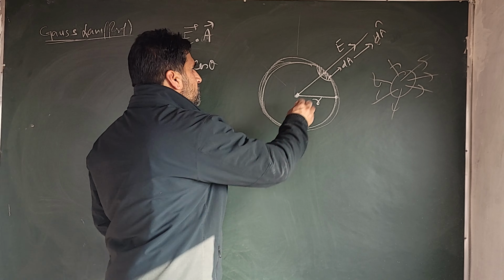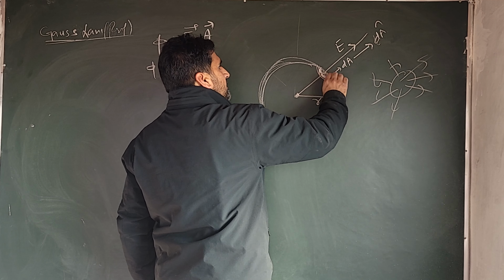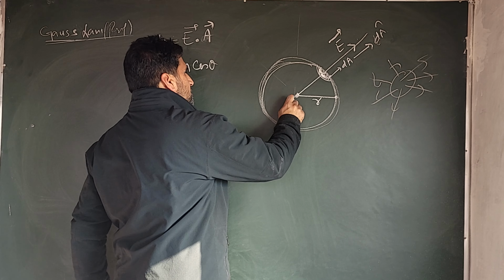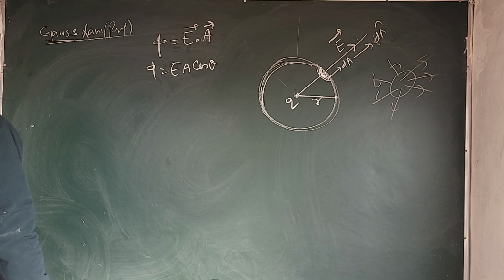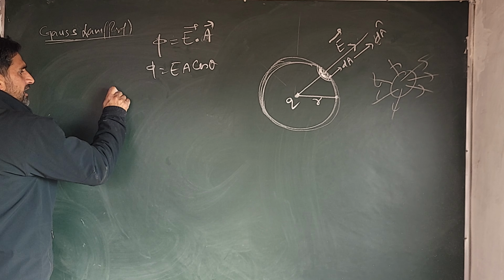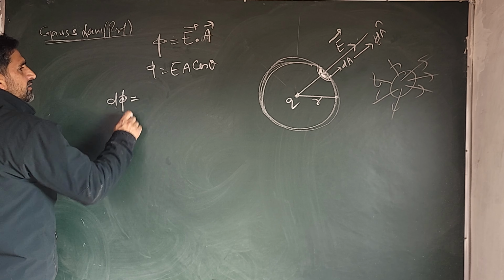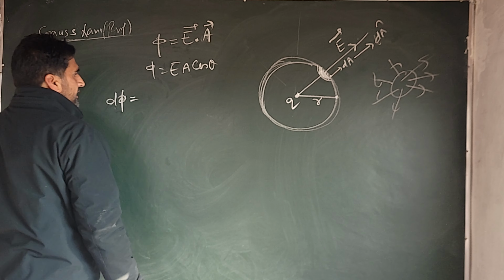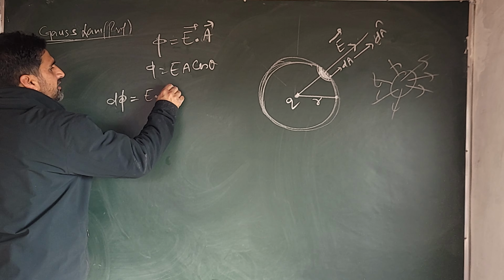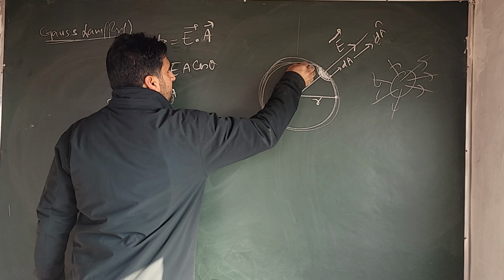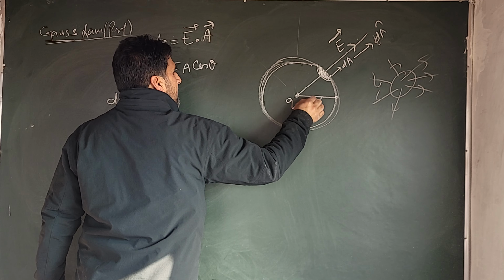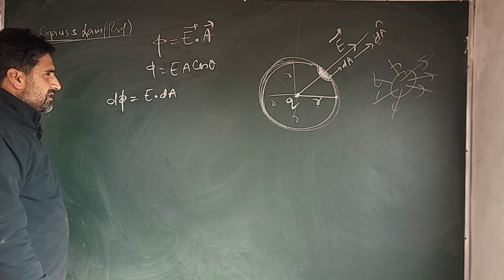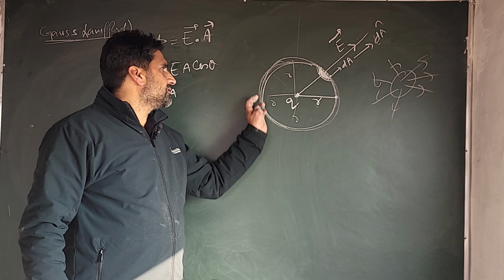So here the direction of this small element is along the direction of E, the electric field produced by the charge Q at the center of the sphere. So you can write the small electric flux d phi on this small area dA as E dot dA, because E, the electric field, is constant on this surface, since every point at the same distance r contains the same electric field.